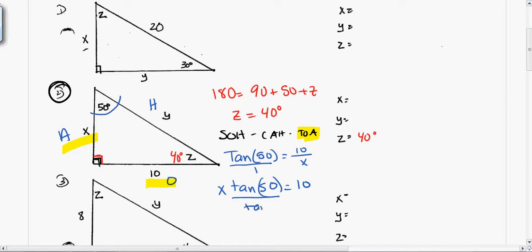Divide both sides by the tangent of 50 degrees. And whatever I get from my calculator will be what X is equal to. So X is going to equal 10 divided by the tangent of 50.